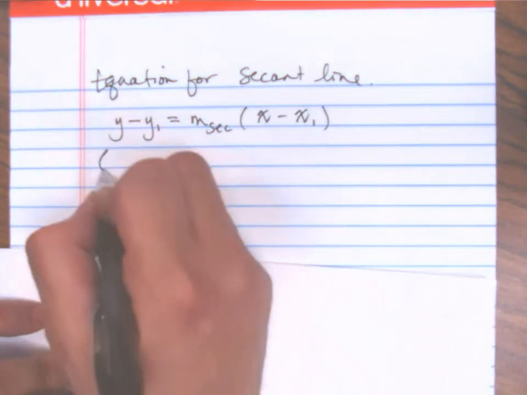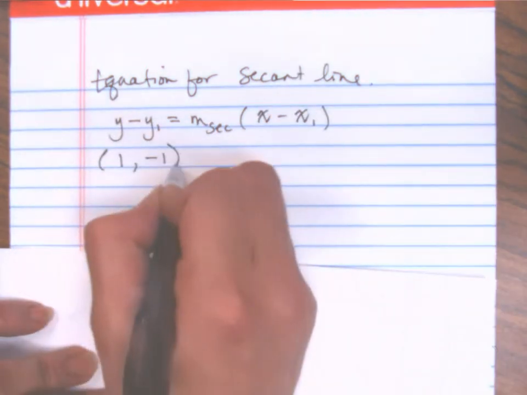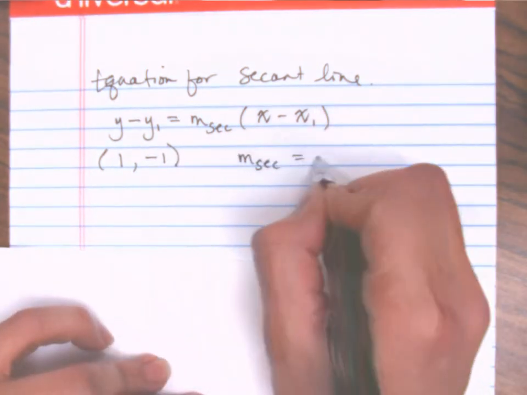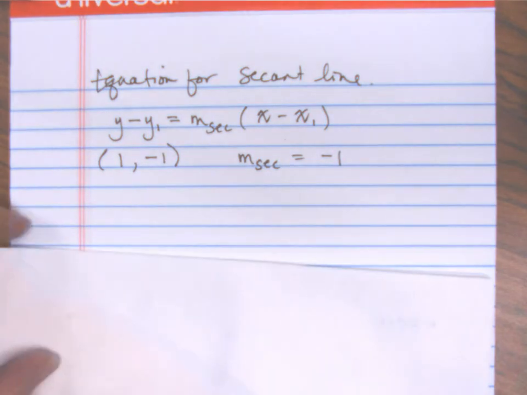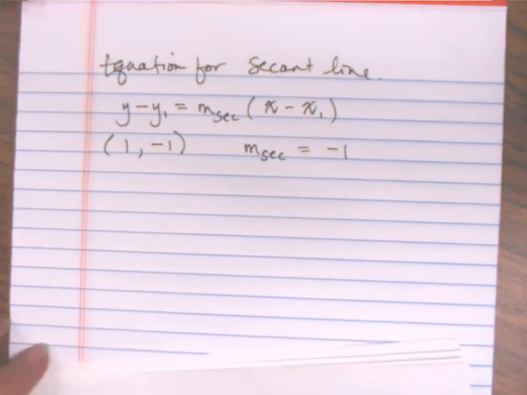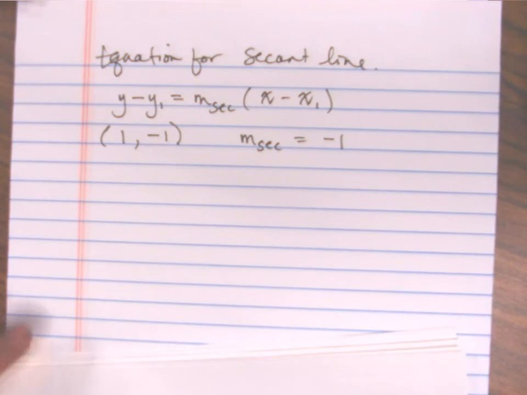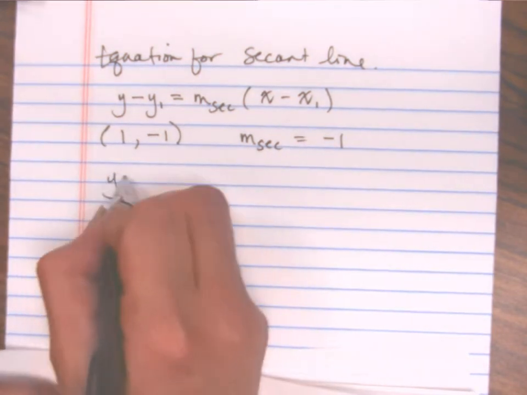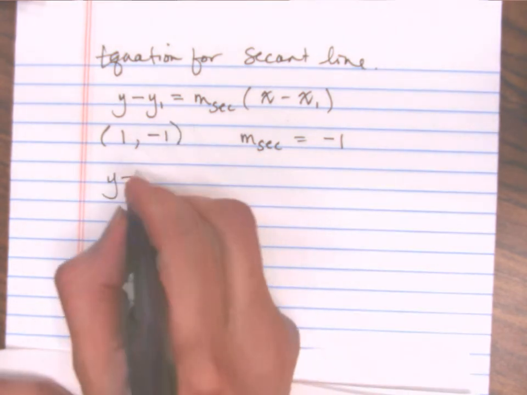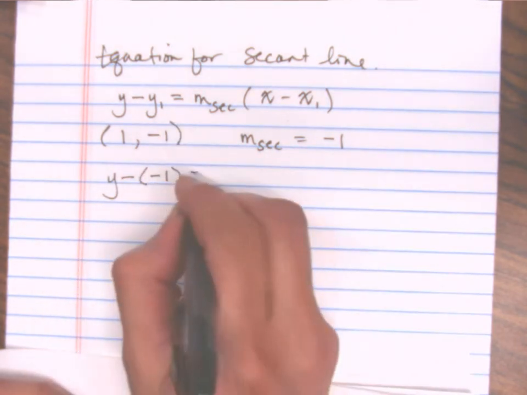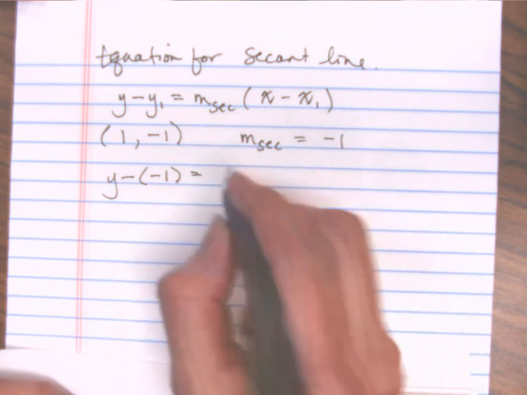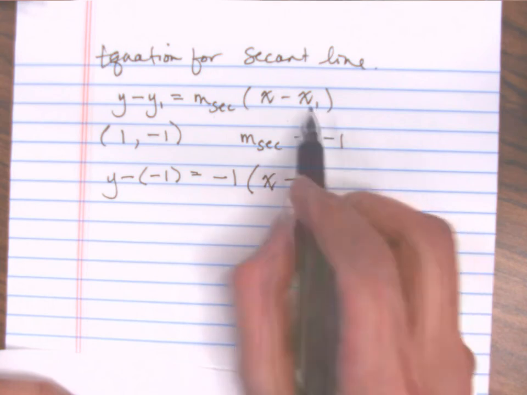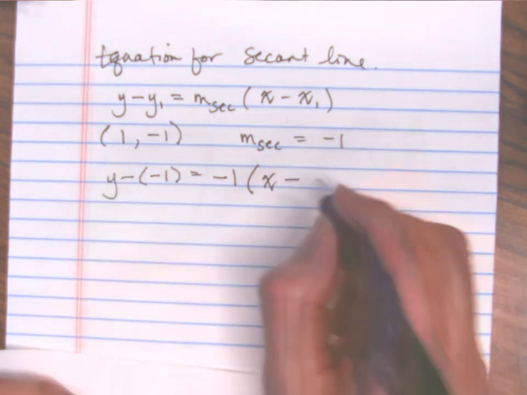So this time, let's use the points 1 and -1. Our slope here was -1. So let's plug in this set of points to find this equation, okay? So here I've got y minus, y1 here is -1, equals my slope from part A, which we found to be -1, times x minus x1, here just +1.